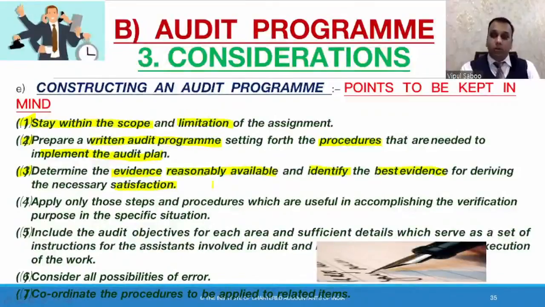Reasonably available. If you have found a purchase invoice, that could be regarding the acquisition of a fixed asset or the inventory. You can always ask: I need necessary satisfaction with respect to the existence of this item. You need to tell me whether it has been consumed, whether it has been sold afterwards, or it is still with the entity.